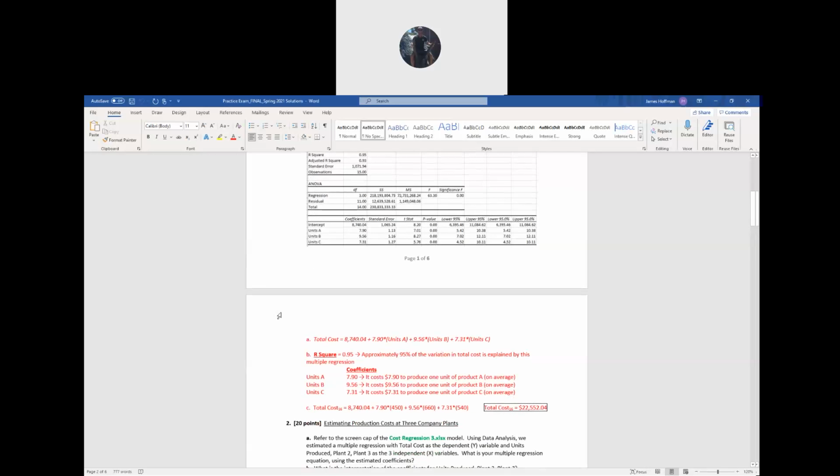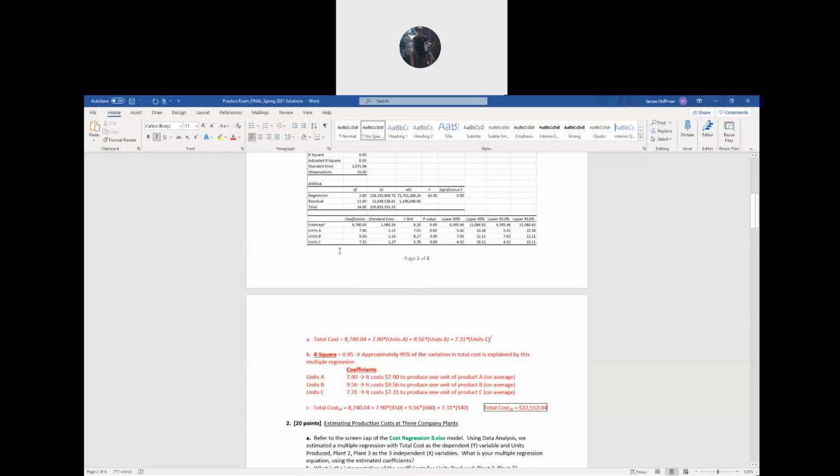The equation would be your y variable, which is total cost, equals the intercept, 8,740.04, plus the coefficient for units A, which is 7.90, times units A, so times how many units of A you produce, plus the coefficient for units B, which is 9.56, times units B, so times how many units of B you produce. And then plus, finally, the coefficient for unit C, which is 7.31 times unit C.